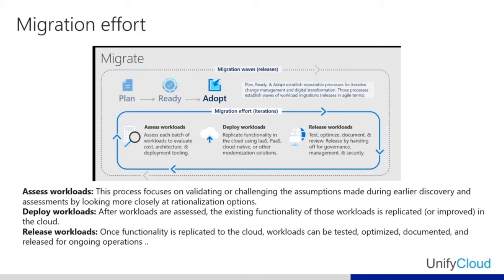These are the three phases of any iteration of migration efforts, and we keep doing it for a chunk of workloads, each one of which we call a migration wave. That's a typical term a lot of consultants use while talking about migration waves.